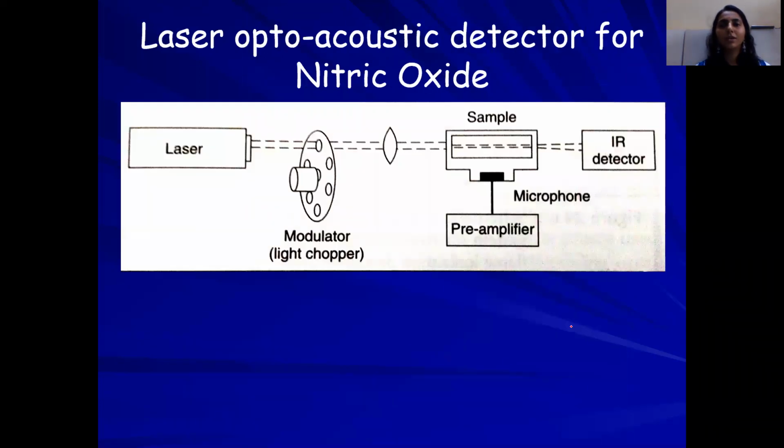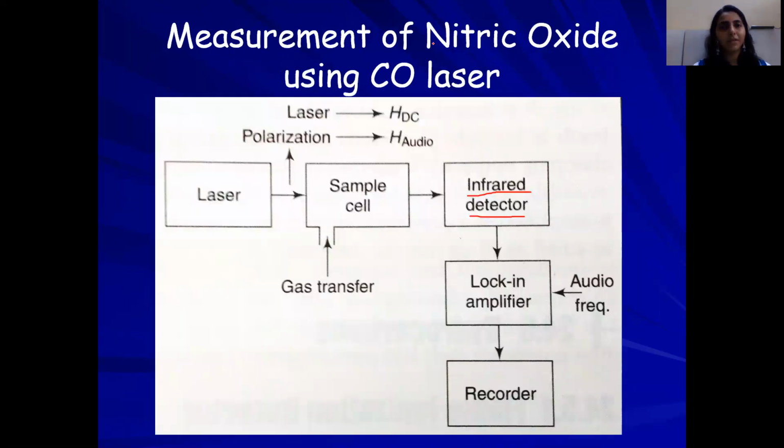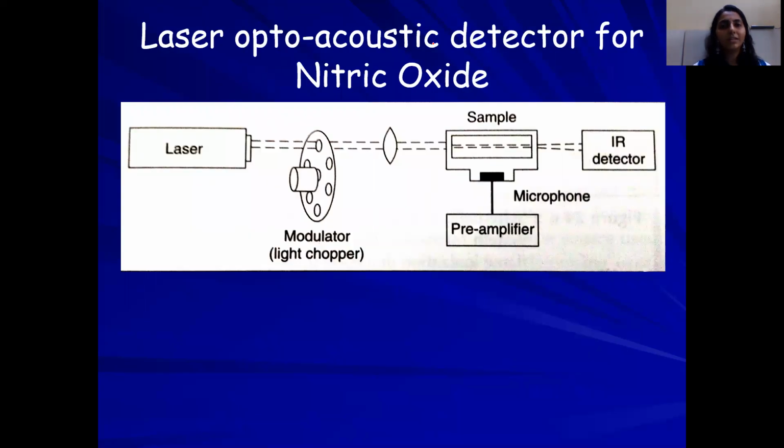Similarly, you can measure nitric oxide using another technique, that is laser optoacoustic, or I would rather say that both these diagrams are the same, their working is the same, only the difference is in the modulator chopper that is provided here.